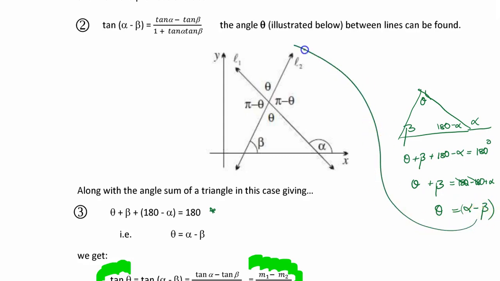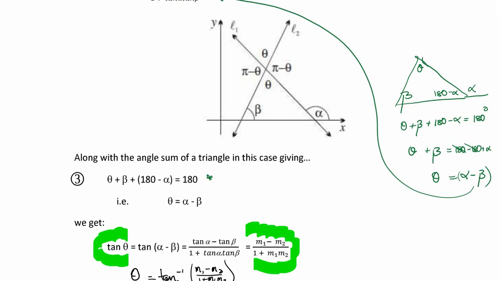We have this expression for alpha minus beta, but we could actually say this expression is the tan of theta as well. So we get the tan of theta, and theta can be replaced with alpha minus beta in this case.